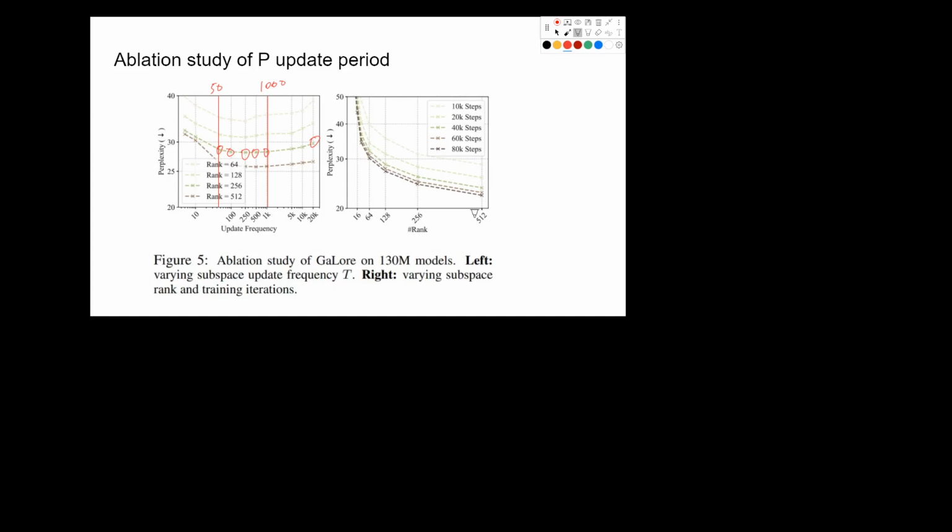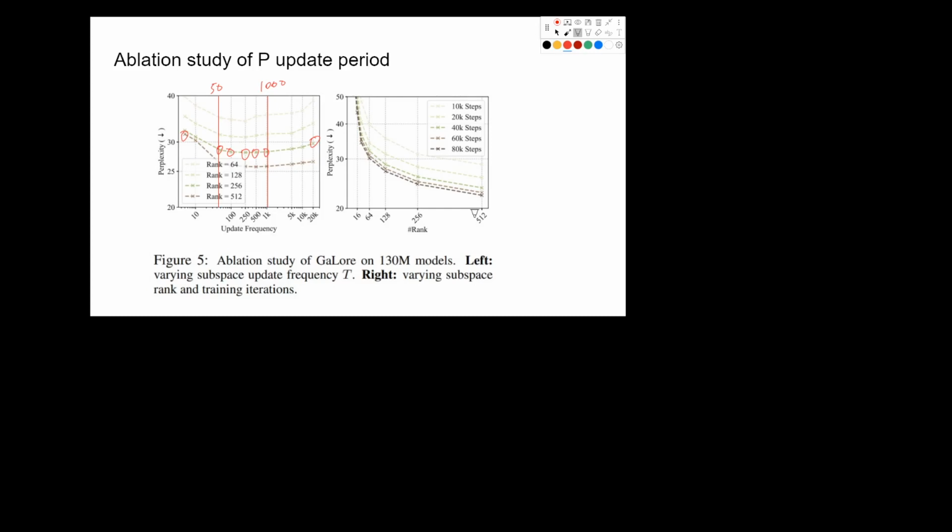But the interesting thing is that if we keep changing the subspace too often, it cannot achieve a good result either. Even though we don't consider the overhead of the SVD, changing the space constantly is still not a good idea.